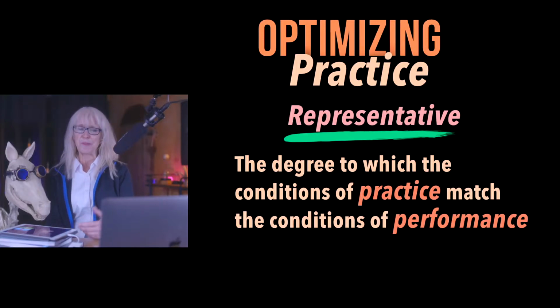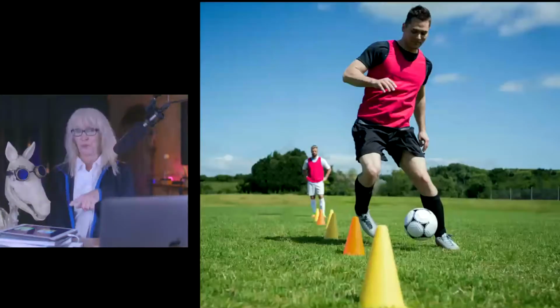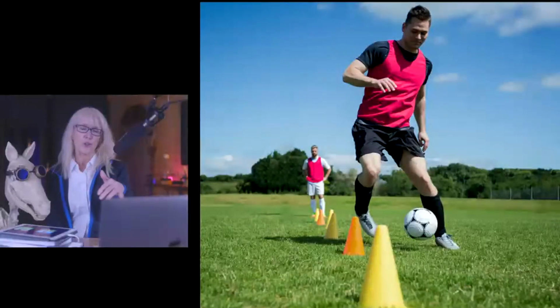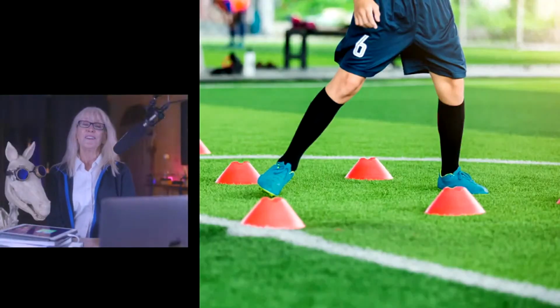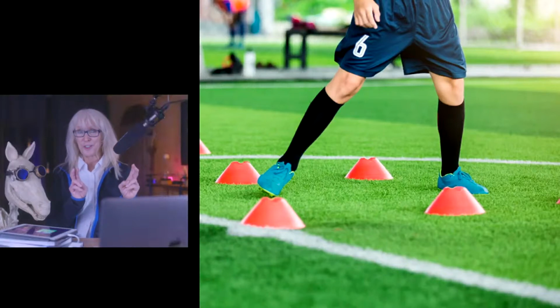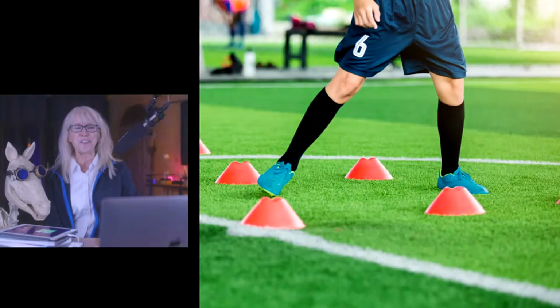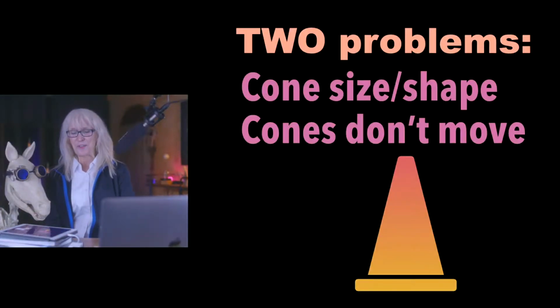But representative just means the degree to which the practice, common example of not doing that, but it's really common, right? Practicing going around the cones with the ball, sort of agility footwork. These are the most easy to, I guess I'll say, attack because they're so obvious.